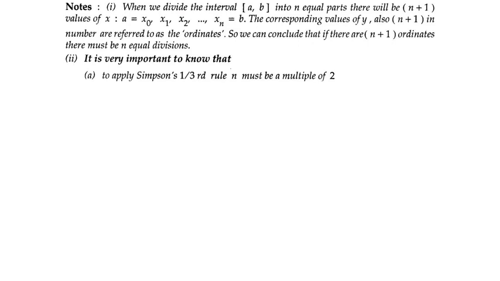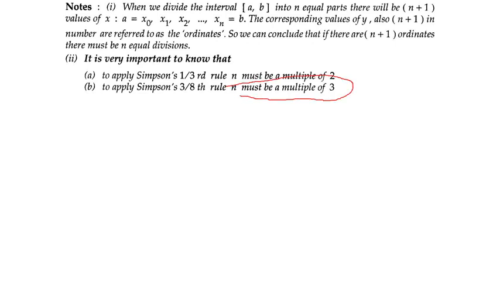So when we apply Simpson's one-third rule, n must be a multiple of 2, remember this. To apply Simpson's 3/8 rule, n must be a multiple of 3. To apply Weddle's rule, n must be a multiple of 6.